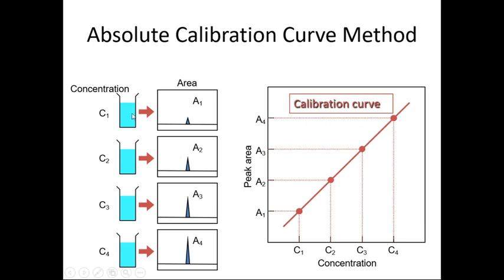You inject the analyte at different concentrations, measure the area under the curve, and plot the concentration versus the peak area, and you get a straight line. So the unknown area can be matched and you can determine the quantity of the analyte.